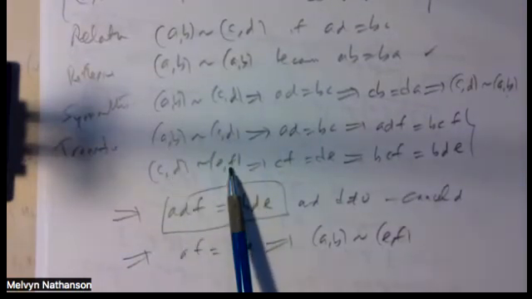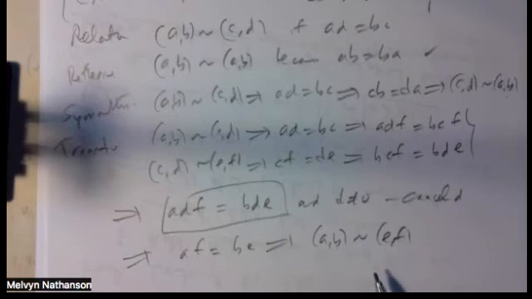So that says that AF equals BE, and that says exactly that the ordered pair AB is equivalent to the ordered pair EF. So if AB is equivalent to CD and CD is equivalent to EF, then AB is equivalent to EF. So that's transitivity. Therefore, this relation, the squiggle, is an equivalence relation.